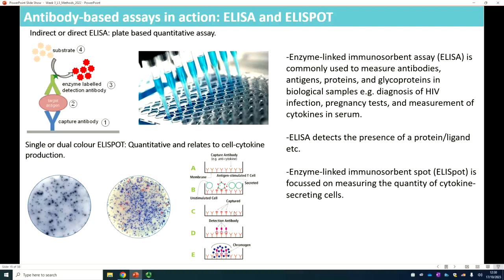And then you will wash the cells away and do your various washes, incubate with a secondary antibody and so on. And what you'll end up with is these spots depending on where your cells were that were secreting your specific cytokine. So that's another application of using ELISA but on a cell-based system.